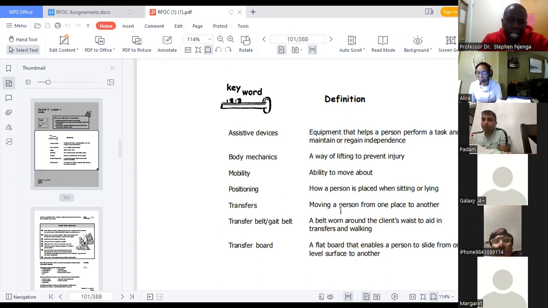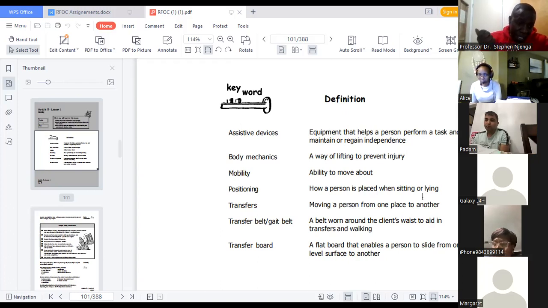Another important word there is positioning, how a person is placed, either when sitting or when lying. Some of the clients, there is a condition for you to turn them every 2 hours. If that is what the care plan says, make sure every 2 hours you go and check them so that you can change them or turn them.